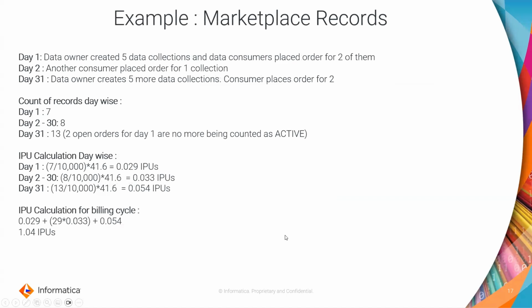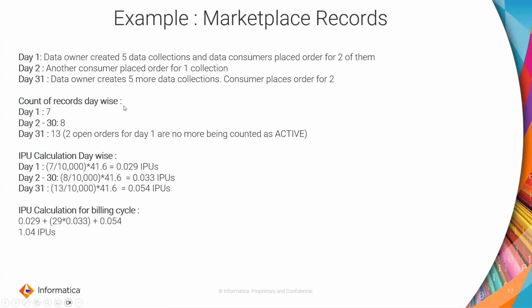Coming to the marketplace records, here the marketplace collection owner created 5 data collections, and a data consumer placed an order for 2 of them. On day 2, another consumer placed an order for 1 collection, and on day 31, the data owner created 5 more collections, and a consumer placed an order for 2.